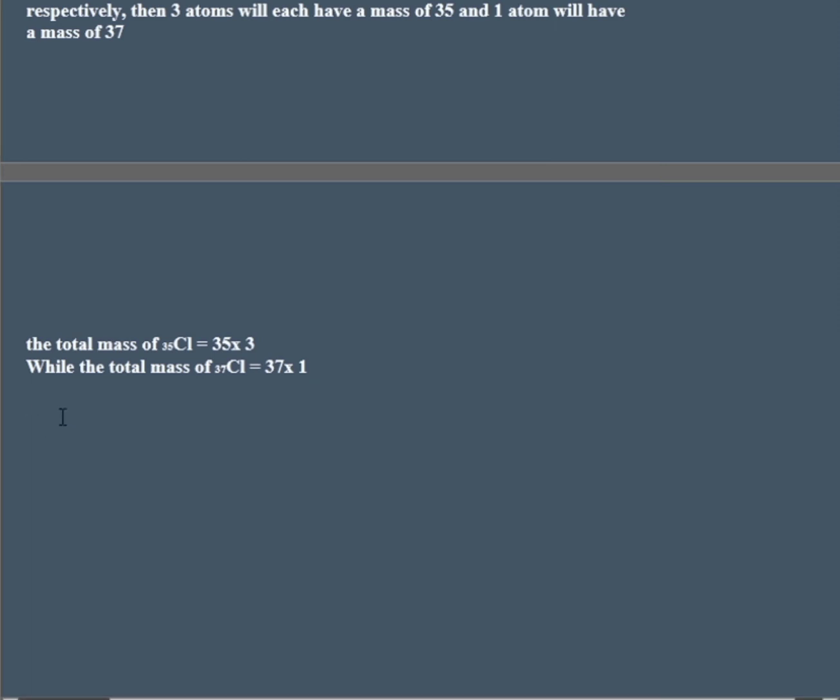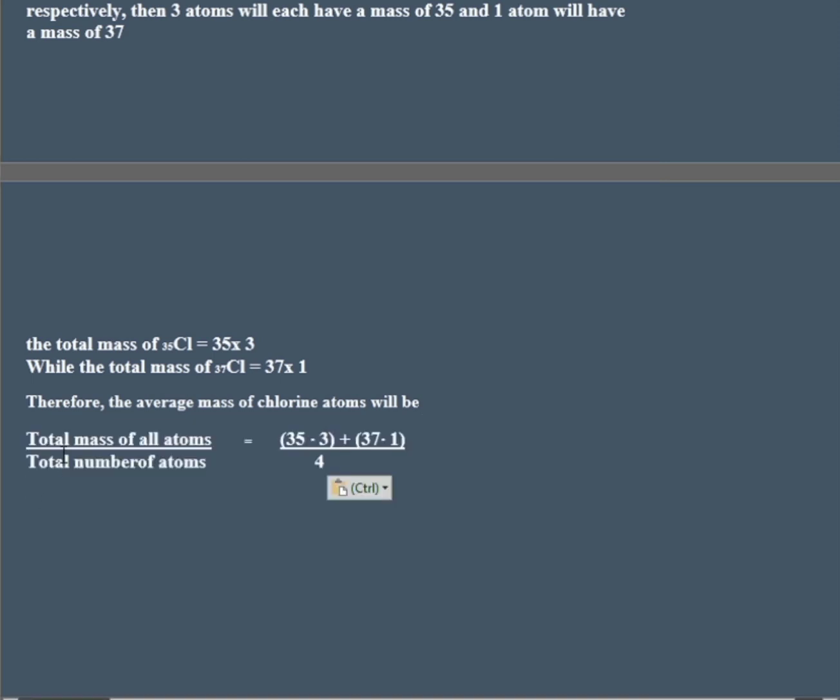Therefore, the average mass of chlorine will be, we say that the formula for calculation is total mass of all atoms over total number of atoms.